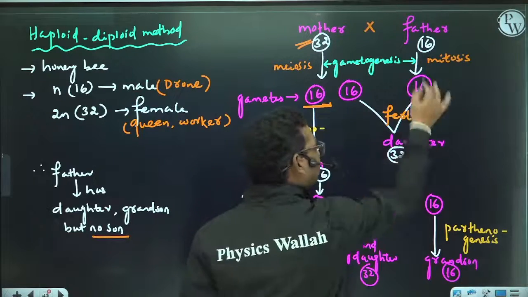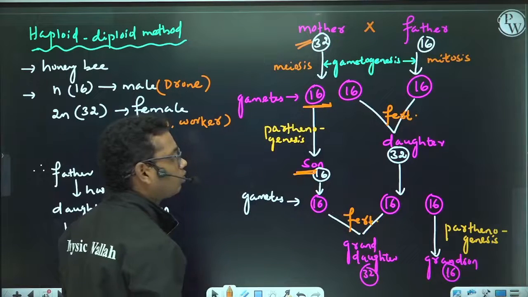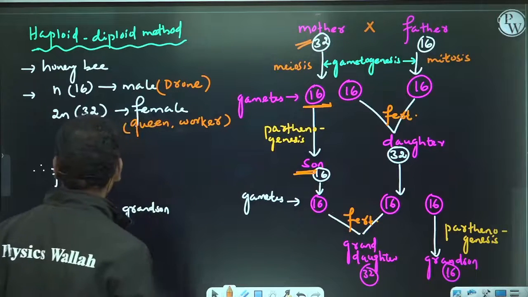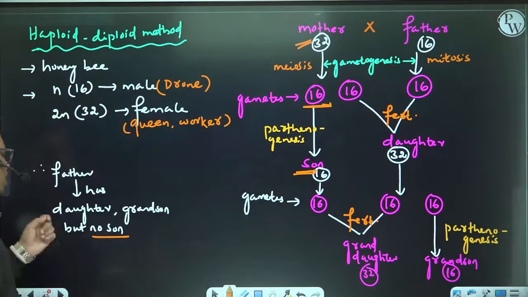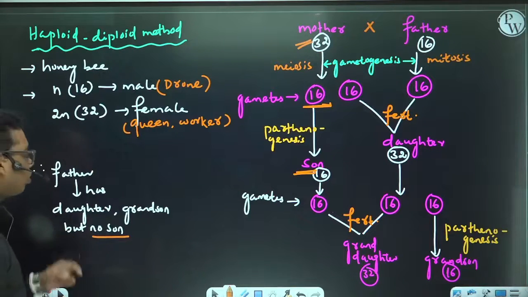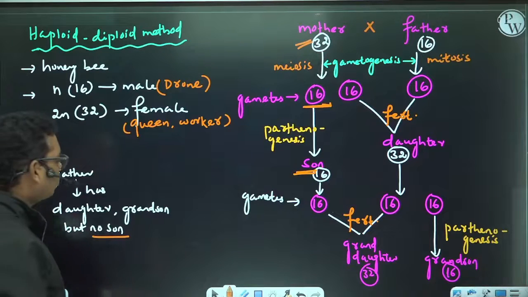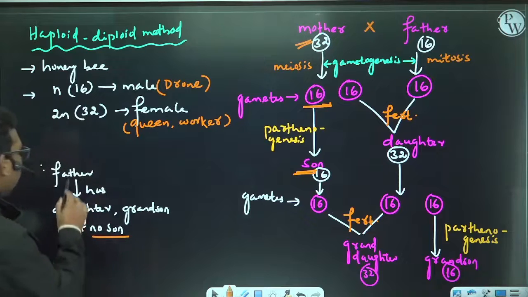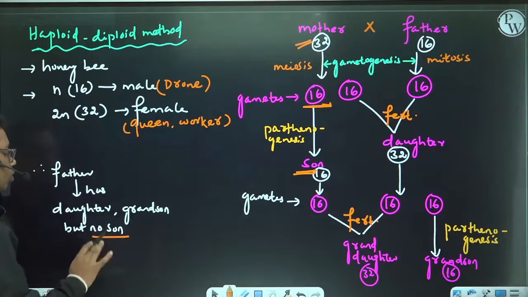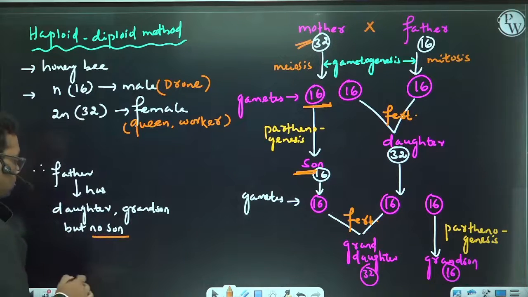So I can say father has a grandson. Father has a granddaughter also, but no son. That is what I have written: father has a daughter and grandson, but no son. Clear?